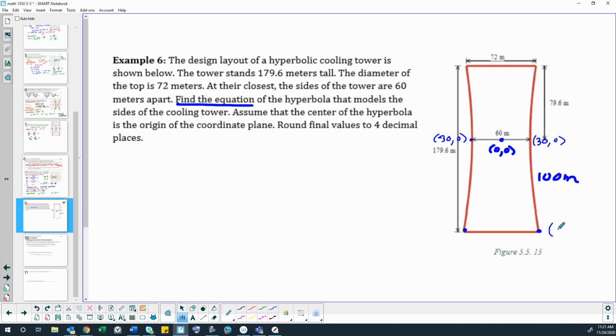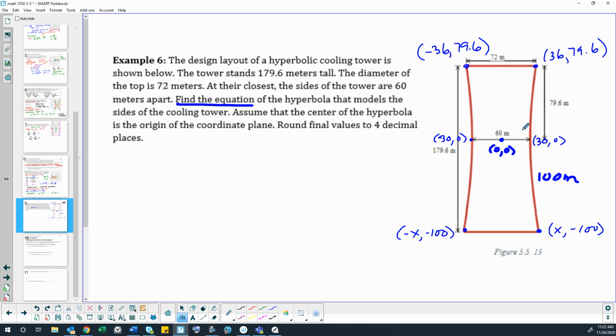We don't know the x value, but we do know that the y value is negative 100. And then this value here would be at negative x, negative 100. Alright, and then this corner right here would be at 36, because it's half of the 72. So then the y value would be 79.6. So then this point here is at negative 36, comma 79.6.